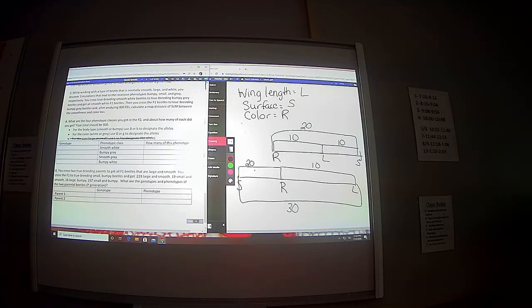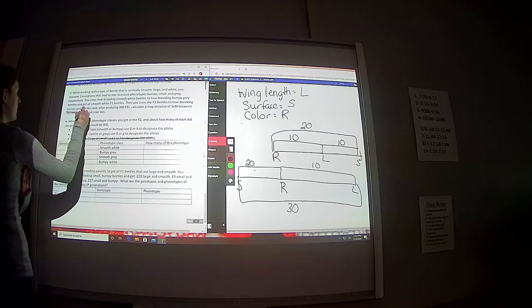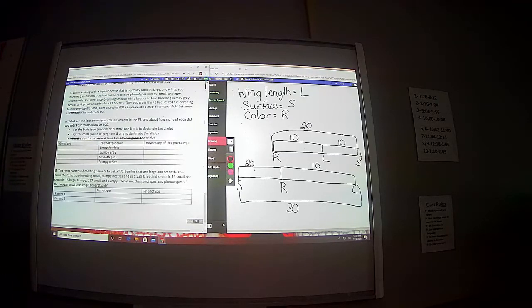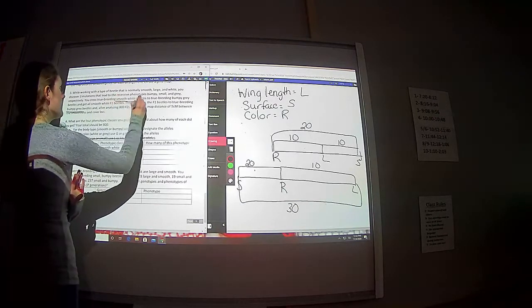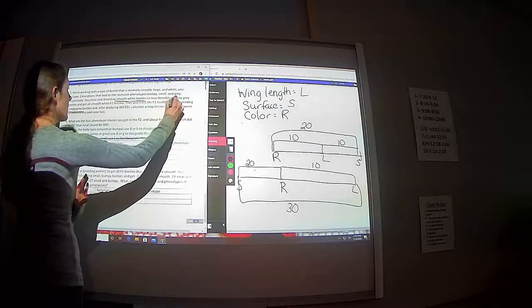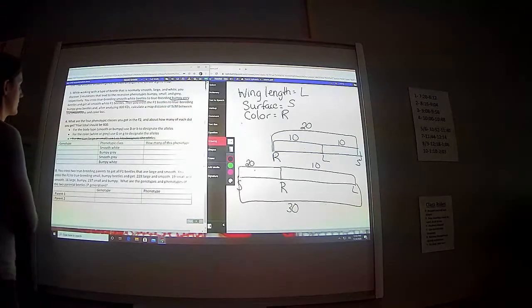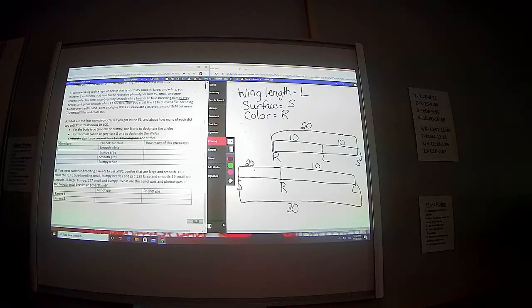So for a smooth white beetle, smooth is going to be what? Bumpy gray beetles. A cross of the smooth white beetle and the true breeding bumpy gray beetle, and I got all bumpy gray beetles.